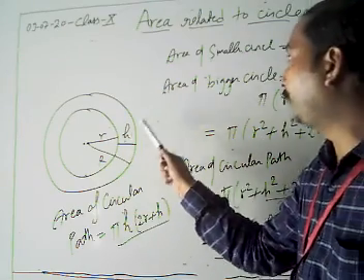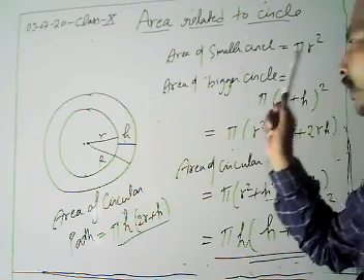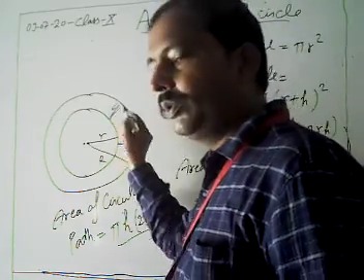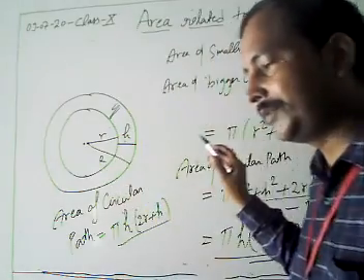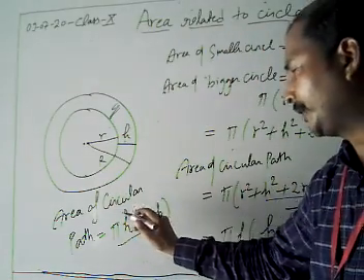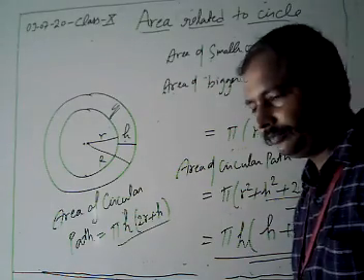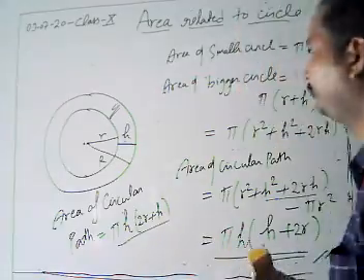The area of the smaller circle with radius r is pi r square. To get the area of the path, we subtract the area of the smaller circle from the area of the bigger circle. After subtraction, the area of the circular path is pi into h (h plus 2r). Now we are moving to our next problem.